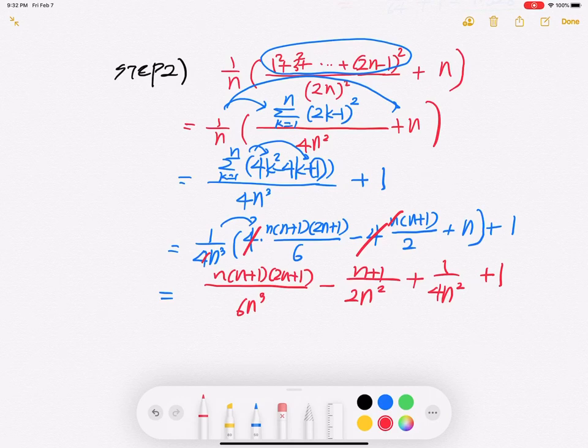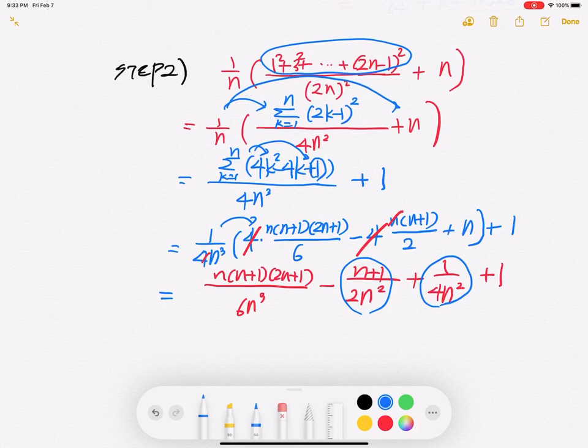Our goal is not to find this answer. Our goal is step 3. I'm going to use the limit as n approaches infinity of this whole thing to find the actual area under the curve with the x-axis. Because the second term and third term are infinity over infinity form, and because the denominator is bigger than the numerator, the limit value is going to be 0.